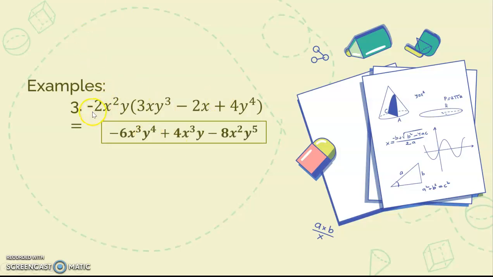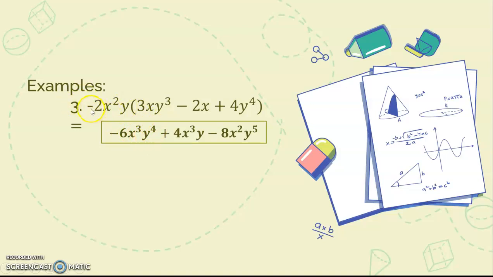We have negative 2 times 3 is negative 6. Copy variable x, add exponents 2 plus 1, 3. And then copy variable y, 1 plus 3, 4. So the first term is negative 6x cubed y to the 4th.